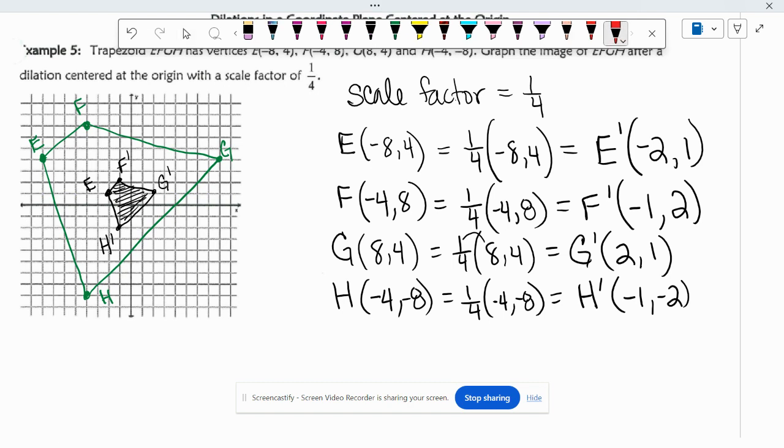So there's something cool about graphing when you enlarge or reduce from the origin. You'll notice that if I were to start at the origin, I can go right through point G prime and E prime with a straight line. I also go right through the origin to point F prime with one straight line.